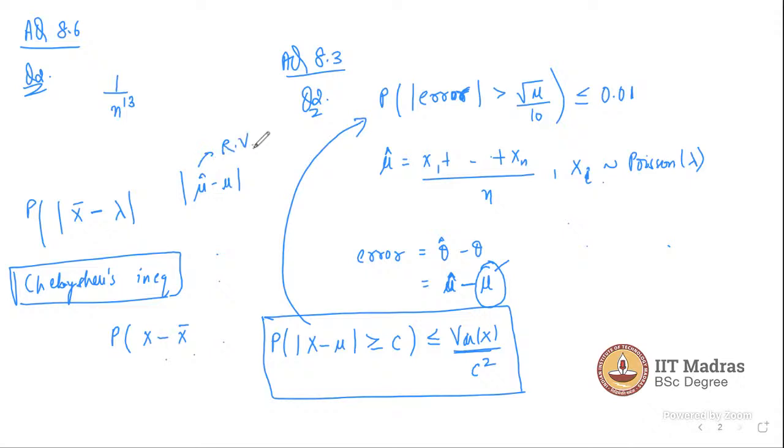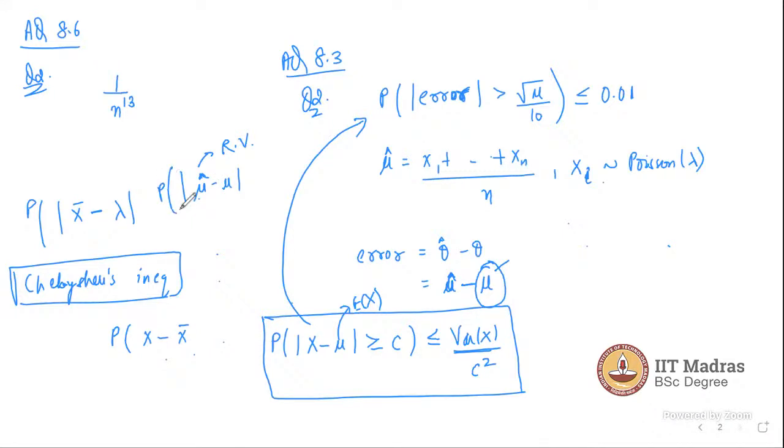And mu is the mean, a constant, the expectation of mu hat. Mu here was the expectation of the random variable x, so here also mu is the expected value of the random variable mu hat, correct?